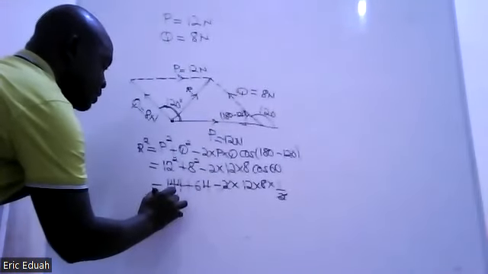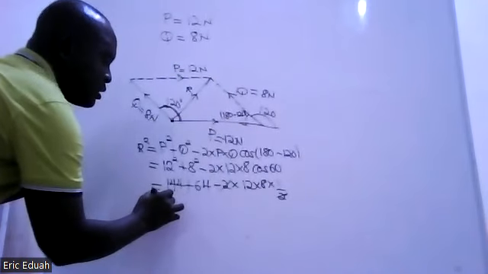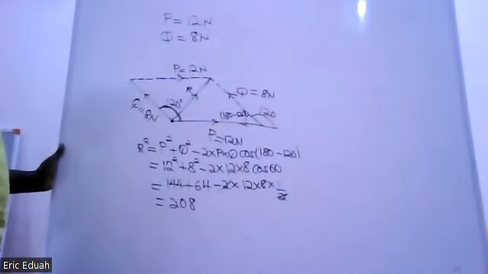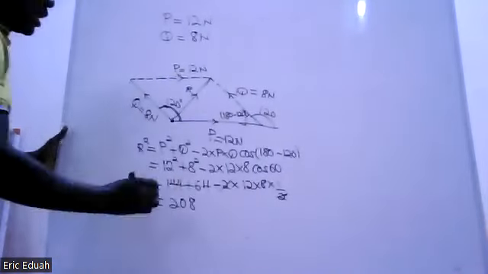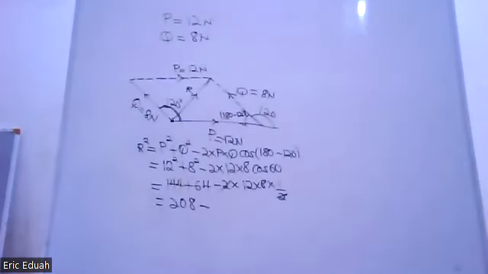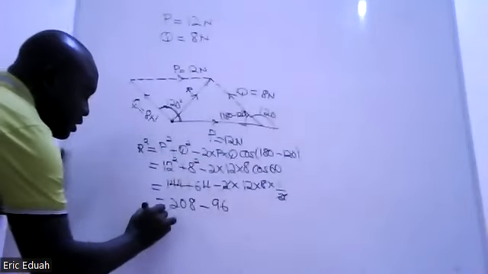So we have 208, minus, what is 12 times 8? 96.